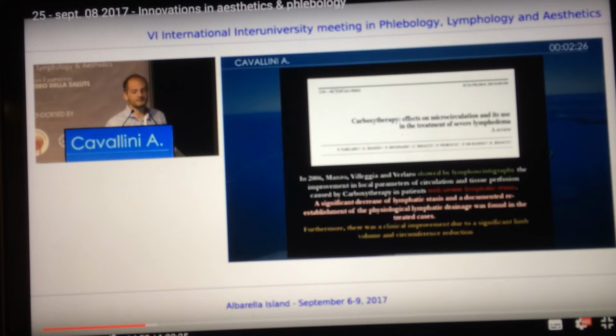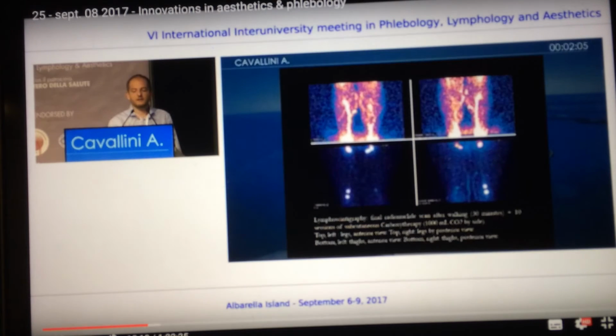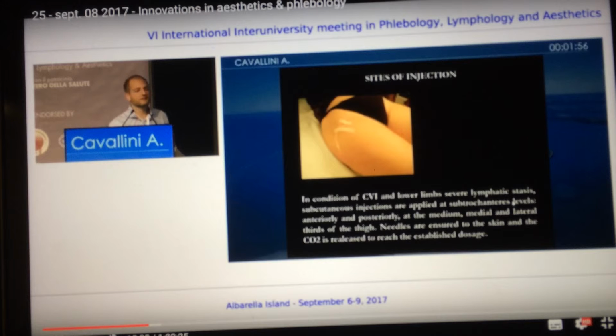But we can use this treatment also for lymphedemas. Valeria's group has published this article on severe lymphedemas. It is a study carried out in 10 applications that demonstrates, with scintigraphy support, the volume reduction, stasis and symptoms, and the restoring process that you can see after 10 applications.